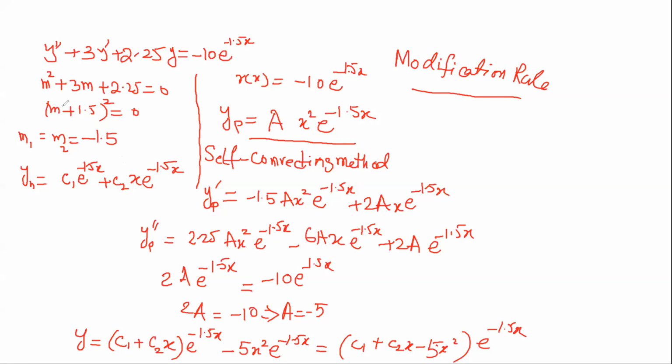Remember that if, for the homogeneous part, one of the terms is not minus 1.5x, maybe 3x or whatever, depending on these coefficients, then you will only use x over here. Or on the other hand, if these two are entirely different, then there is no need to use x over here. So I hope it is clear.